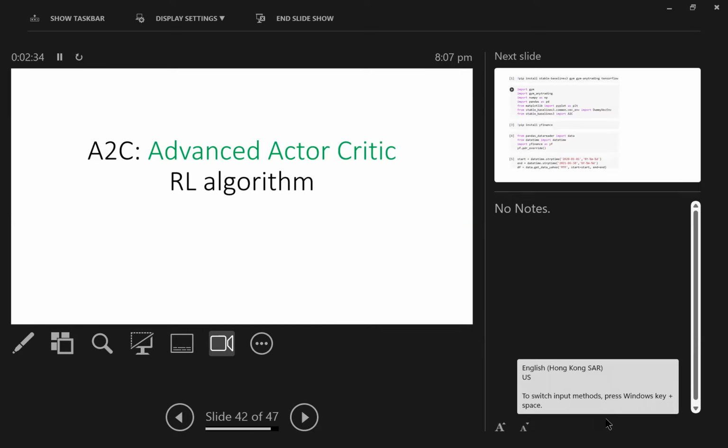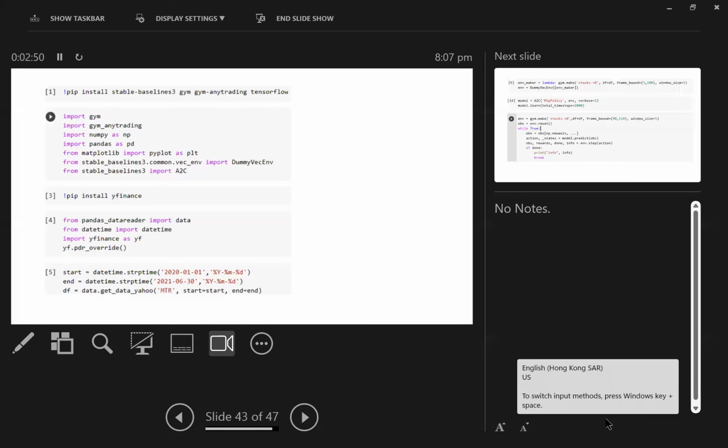The name A2C stands for Advantage Actor Critic. This is quite complicated, but unfortunately we only need to use the API in order to go through the algorithm. And this is the program.